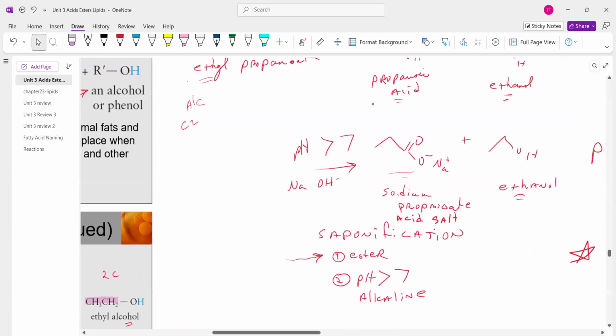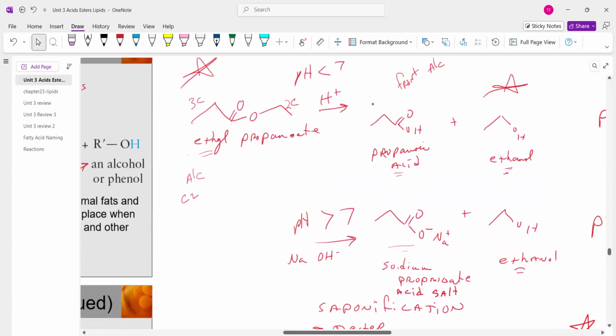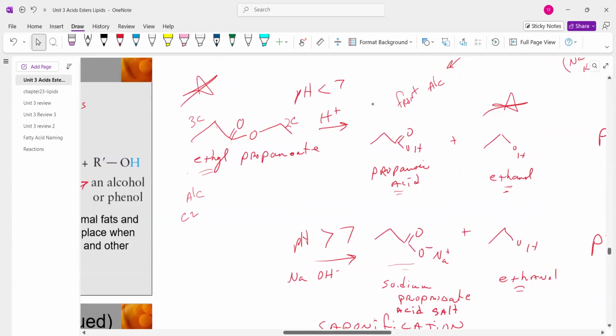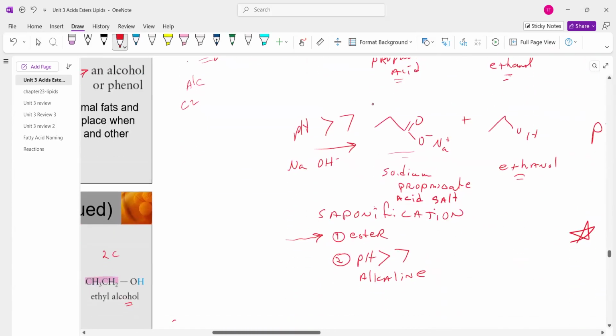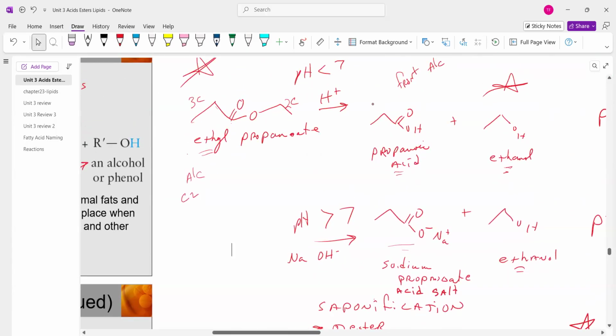Now, this is an acidic environment, pH less than 7. If we're in an alkaline environment, we don't get quite the same thing. We get the alcohol, but we get the sodium or potassium salt of the acid from which you started. We started with a 3-carbon acid on the left.